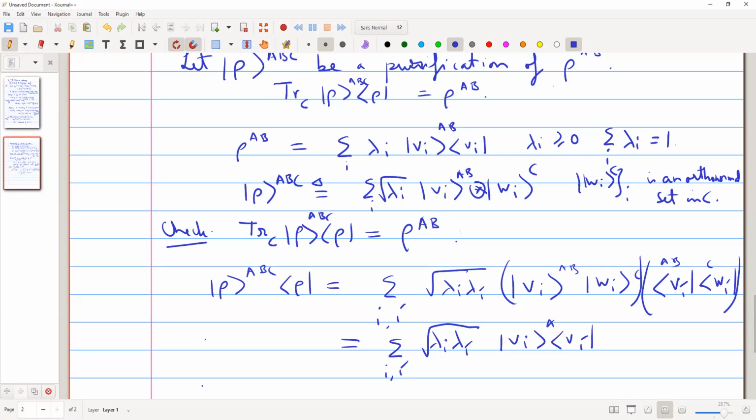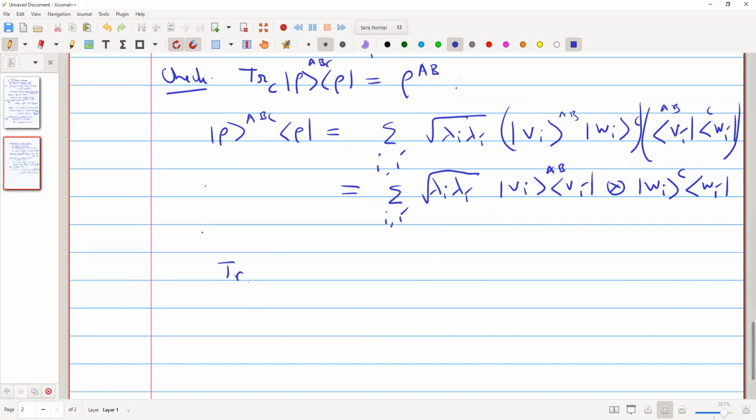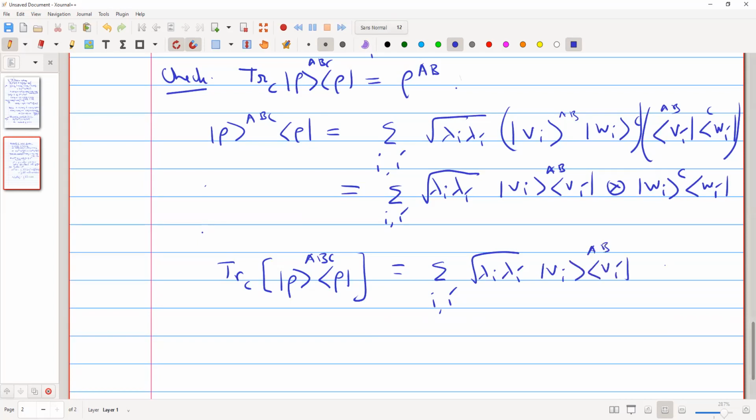Now if I do the partial trace, tracing out the register C, on the system C I'll just take the trace of this, |w_i⟩⟨w_i'|. But this is a rank 1 operator, so you can easily write down what the trace is.